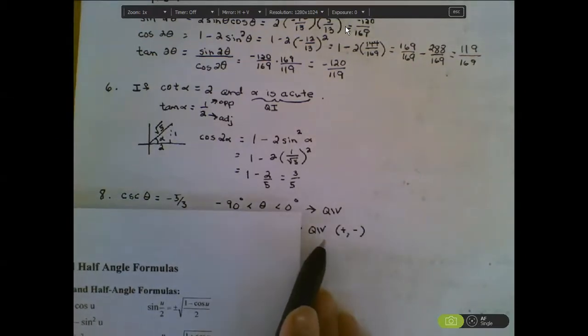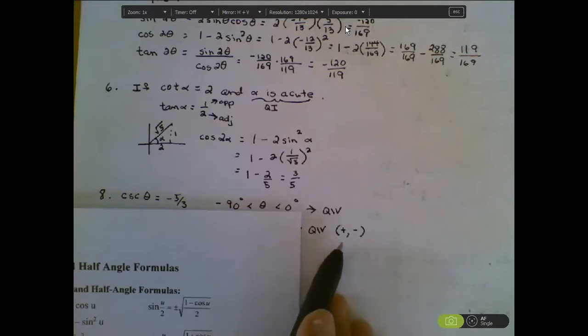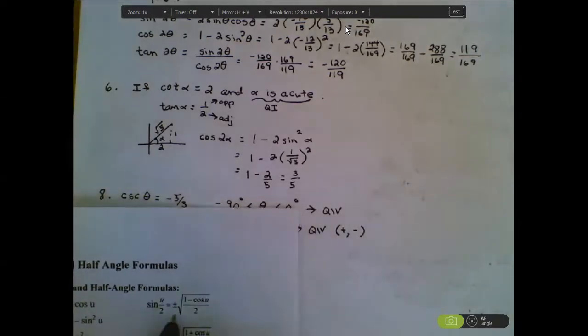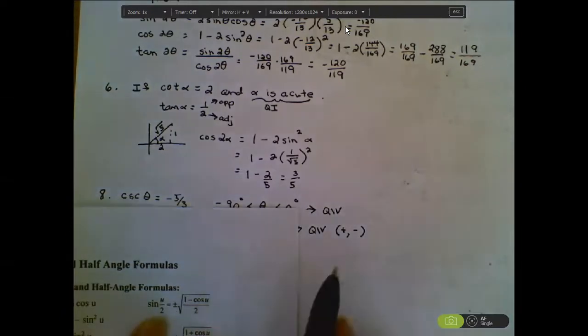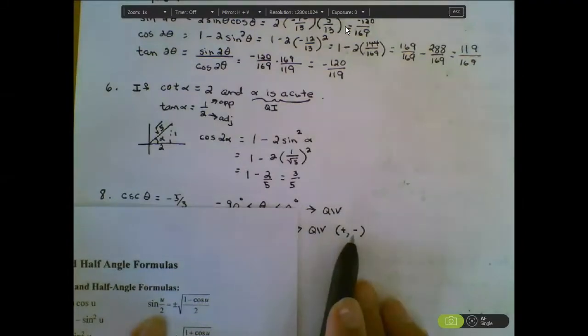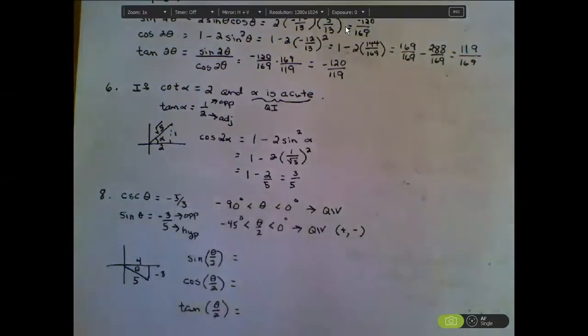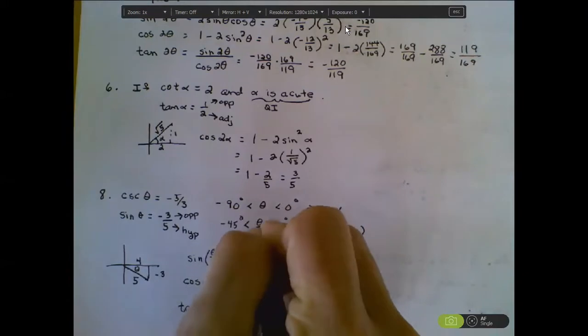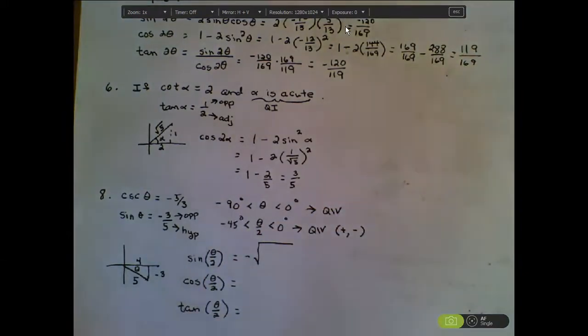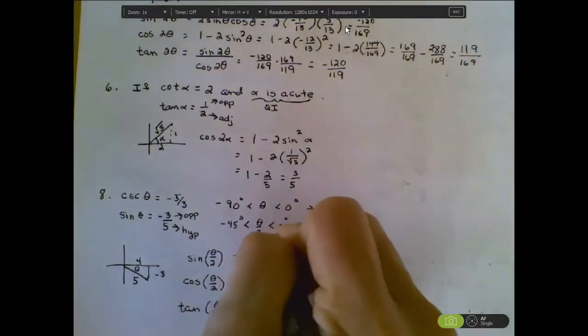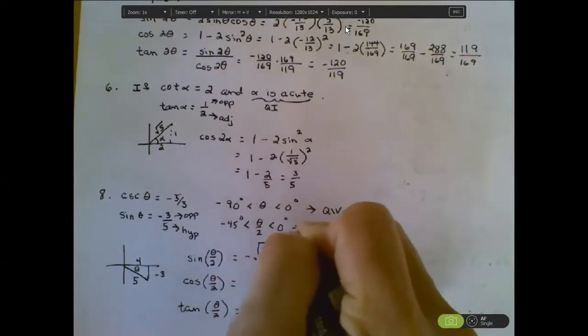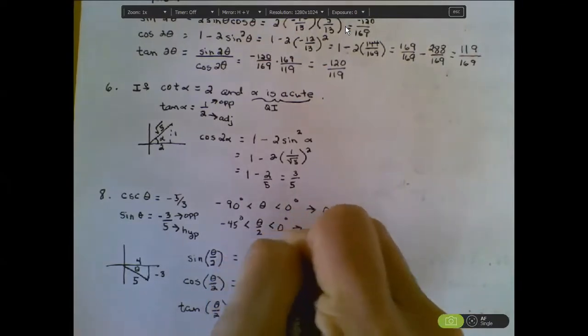So in the 4th quadrant, would I use the positive or negative from this formula? Negative. In the 4th quadrant, sine would be negative. So I'm going to use the negative square root of 1 minus cosine theta over 2.